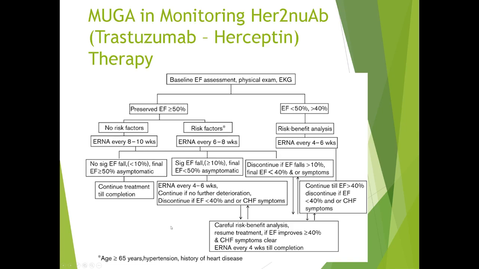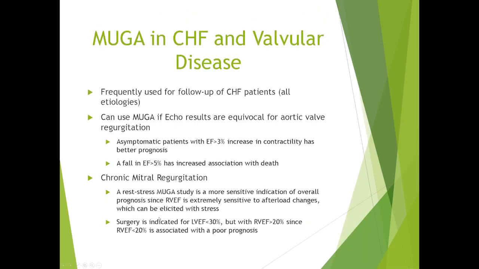There are a slew of other therapies that have similar algorithms, and MUGAs can certainly provide that in a very accurate fashion. But as I mentioned, MUGA can also be used for monitoring CHF and valvular disease. It is frequently used for follow-up of CHF. And again, if echo results are equivocal, or if there's aortic valve regurgitation, MUGA could be helpful.